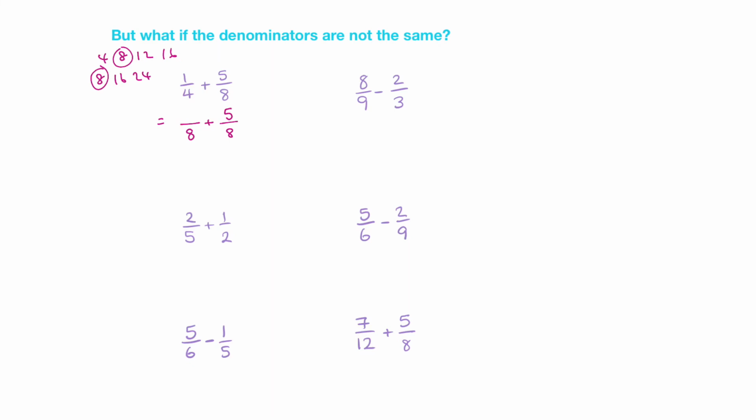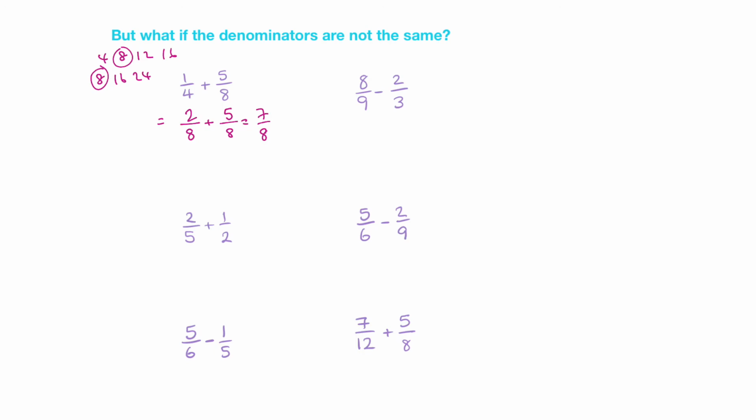Remember, you multiply top and bottom by the same amount. So 4 times what is 8? 4 times 2 is 8. So because we've multiplied the denominator by 2, we've got to multiply the numerator by 2 as well. So 1 times 2 is 2. And now we've got matching denominators, and we know that 2 eighths add 5 eighths is 7 eighths, because we've just been practicing that. Okay?